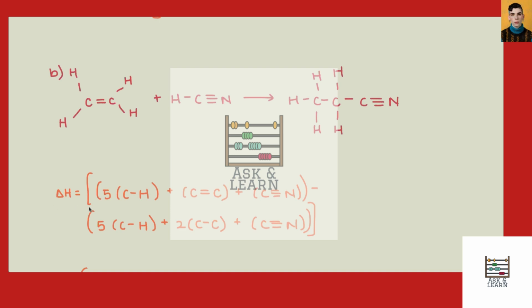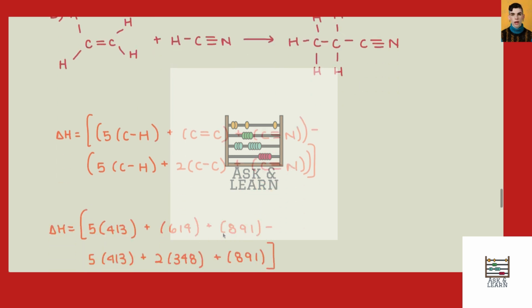So our enthalpy will be equivalent to 5 times the CH bond plus the carbon double bond plus the carbon that is triple bonded to a nitrogen. That's the cyanide. We'll subtract 5 times the CH bond plus 2 times the carbon-carbon bond, now only with a single bond, and we'll add that C bound to a nitrogen with 3 bonds.